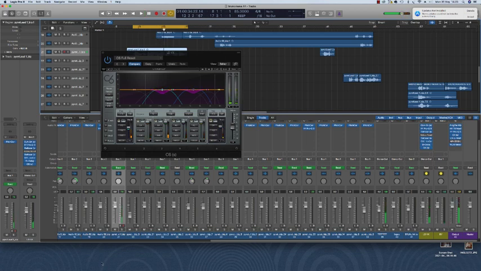You realize that this particular one deals with the low register, and this particular one here deals with those high harsh frequencies. So that is it.